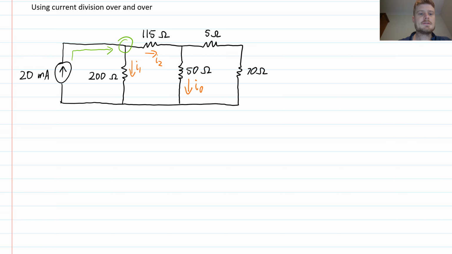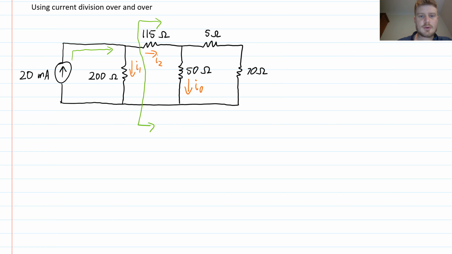And so what I can do is calculate, well, what is the equivalent resistance of this entire side of the circuit? And that will be the resistance that I need in order to use my current divider formula. So let's actually have a look at analyzing that.